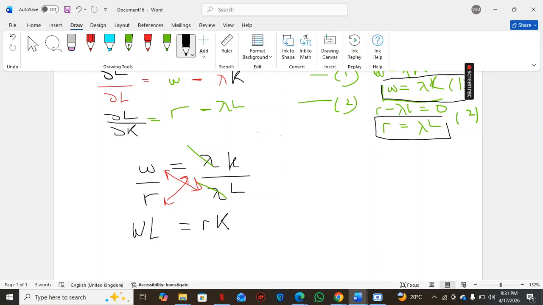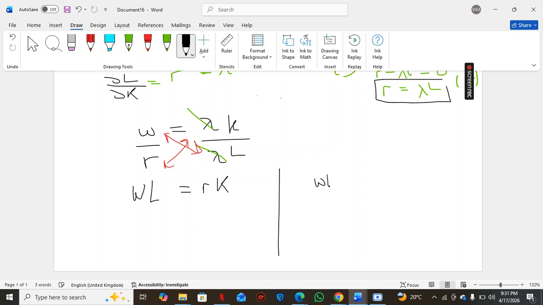Okay. Then once you've reached this point, colleagues, make K and L the subject of the formula. So let me put it here, beside here, WL equals RK. If we make L the subject of the formula, we divide both sides by W. Okay.